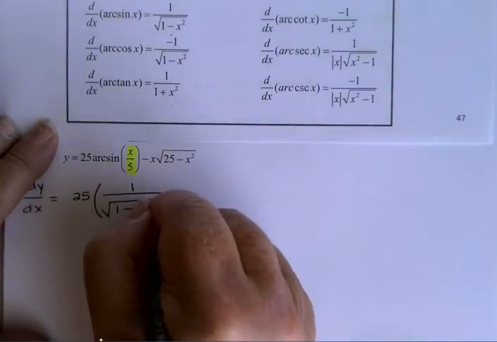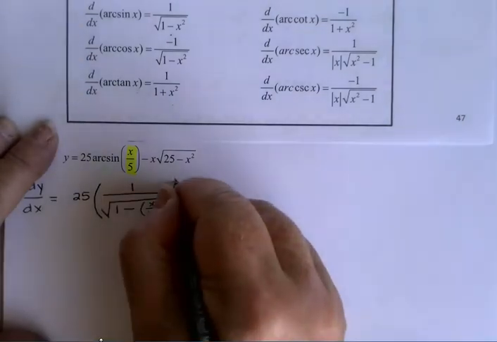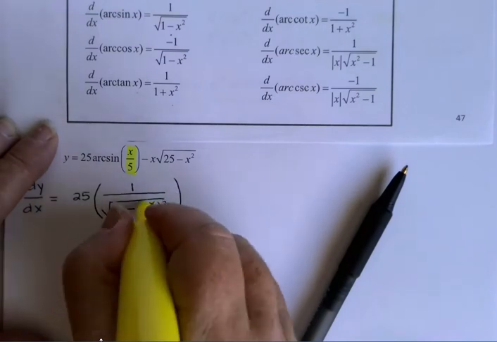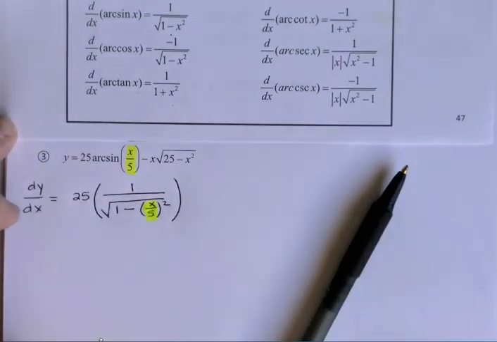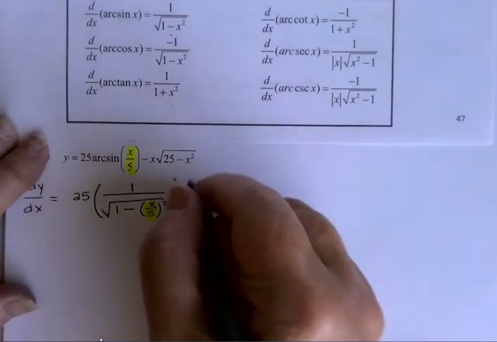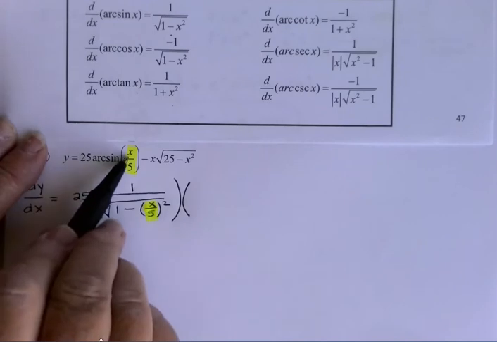So this is going to become x over 5 squared. Then I would have my chain rule. The derivative of that inner function would be 1/5.